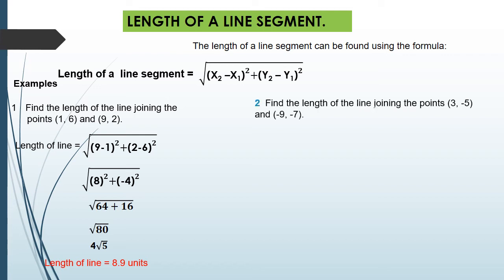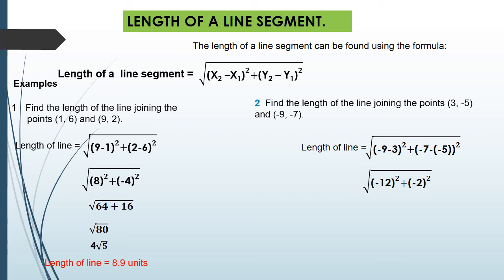For a second example, we have to find the length of the line joining the 2 points. So that gives us 148. The square root of 148 is 2 root 37, or 12.2 units.